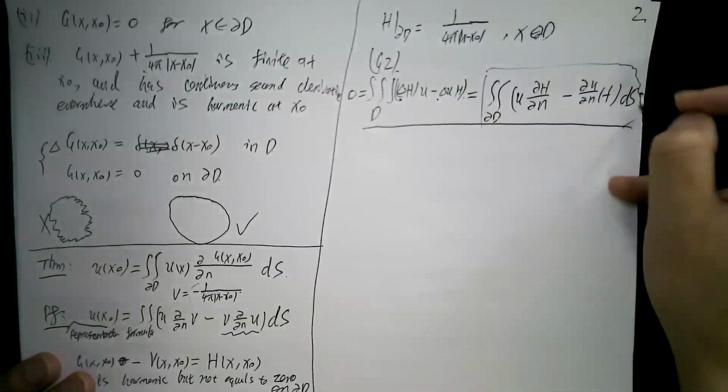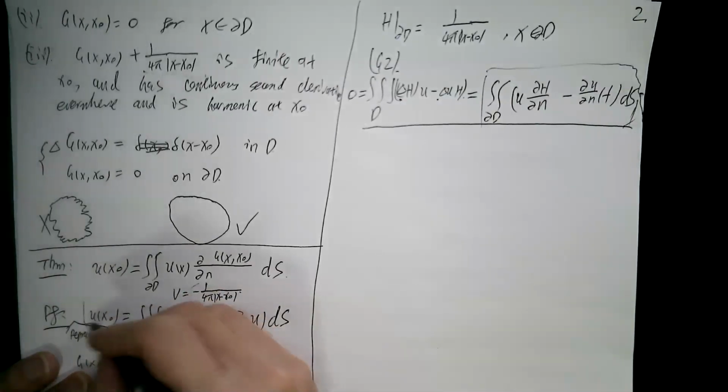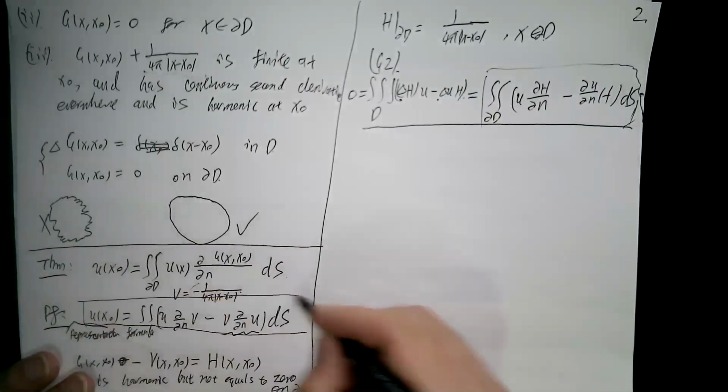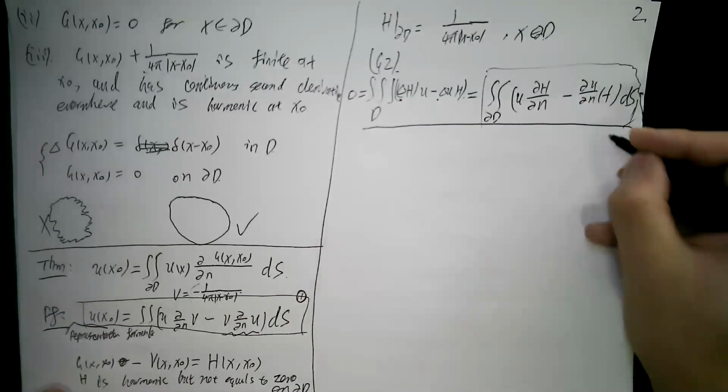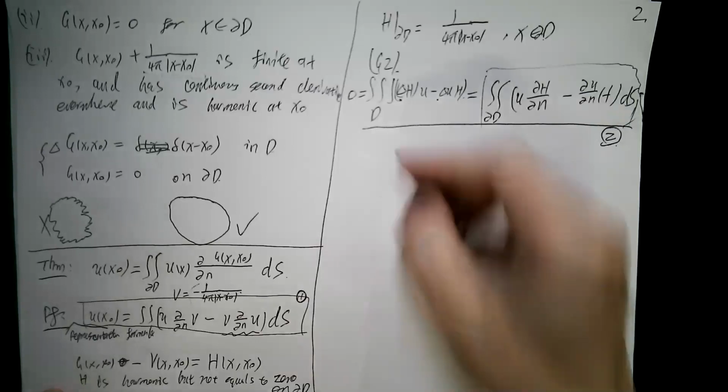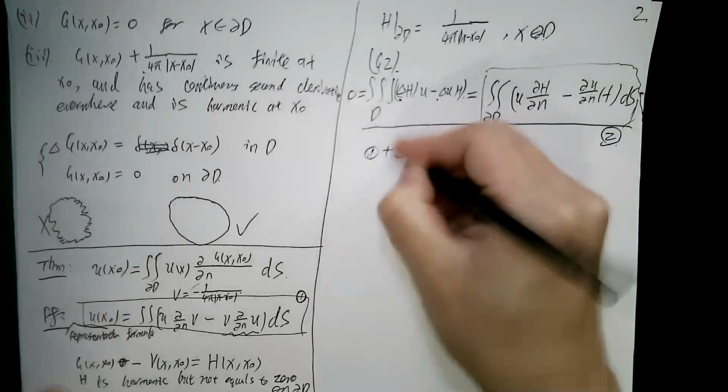This guy equals 0. You also have the representation formula, where this guy equals u(x0). Let's say this is 1, this is 2. Let's use 1 plus 2.